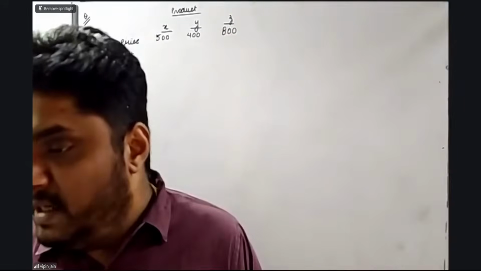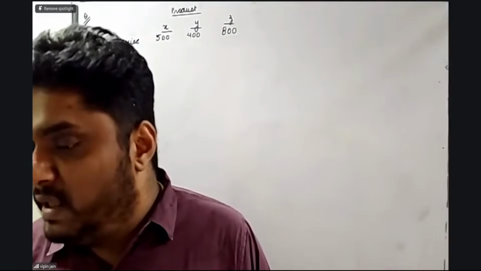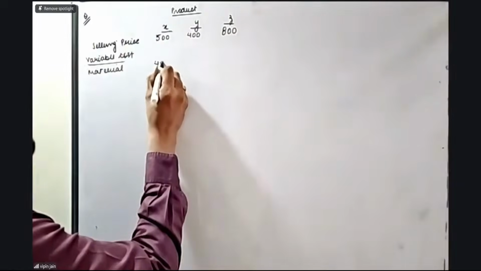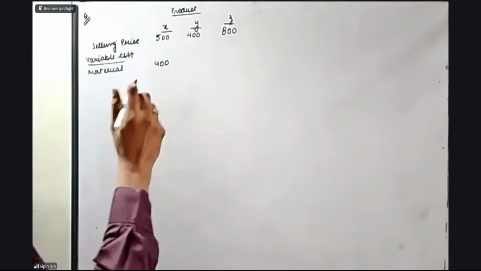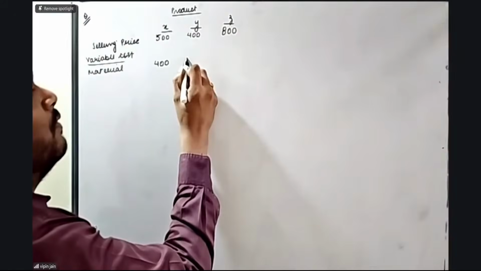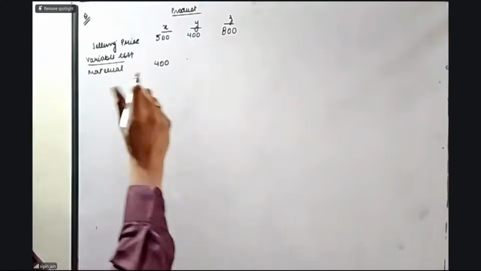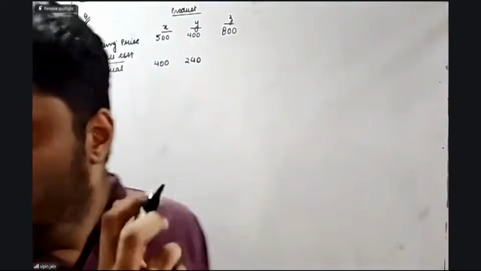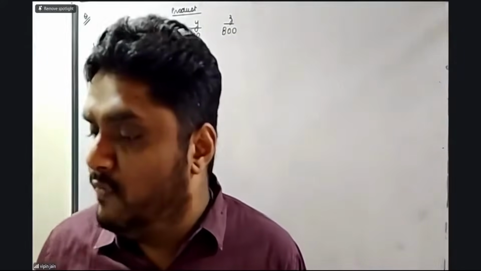When talking about material cost, 20 kgs per unit and the rate is 20 rupees, so 20 into 20, 400. 12 into 20, that is 240.